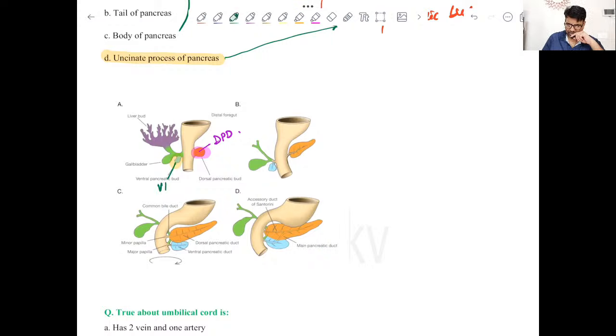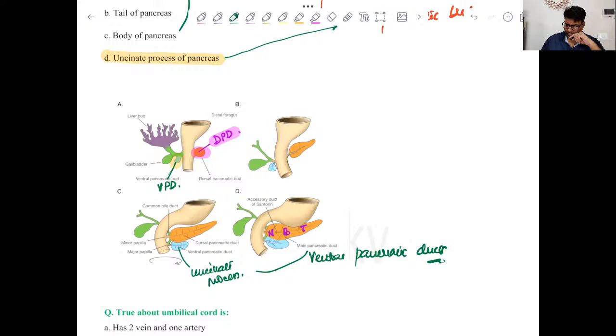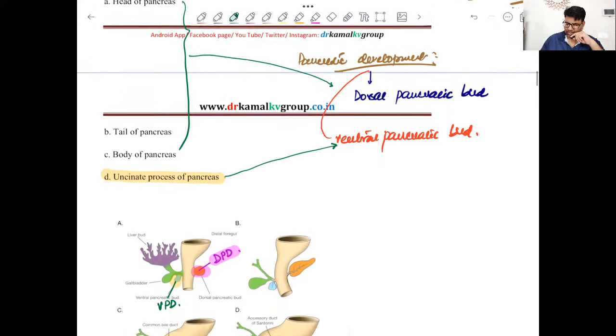You can see the neck, body, tail, all coming from the dorsal pancreatic duct, whereas the uncinate process is developing from the ventral pancreatic duct. Clear?